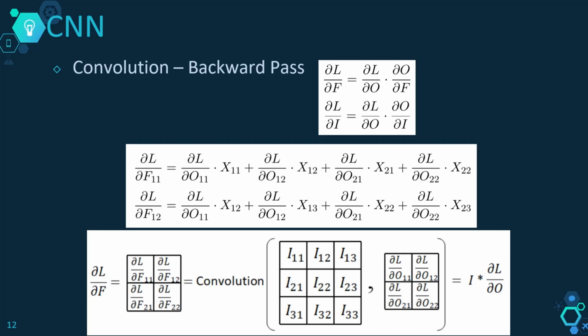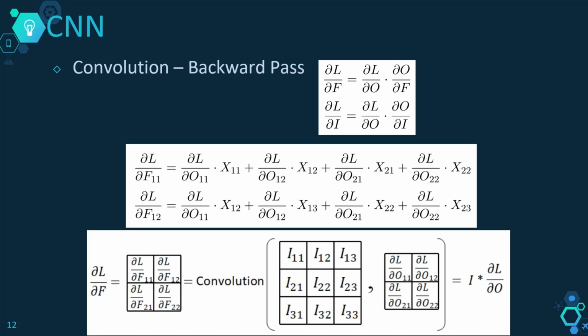You write all of them out, and then you can write everything in algebraic format, using arrays. If you do that, then partial L, partial F will be equal to another convolution operation between input I and partial L, partial O. You see that everything here is I something, and here is partial L, partial O something. So that's why it's a dot product between them.